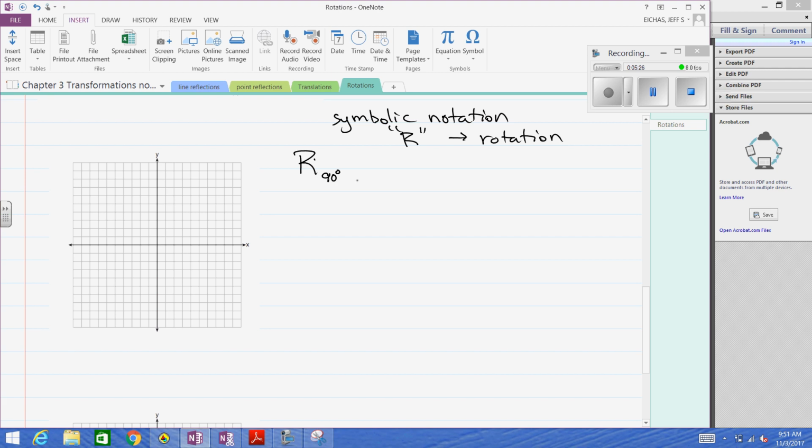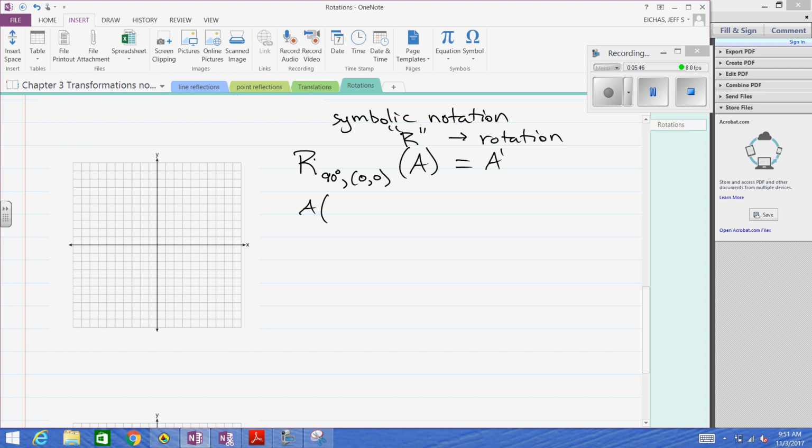It might tell you how far to go, and then the center of rotation. Okay, they might switch that too. It depends on who writes it. So the subscript is how far, how many degrees are we going to rotate, and about what point. Okay, then we're going to rotate point A and get A prime.